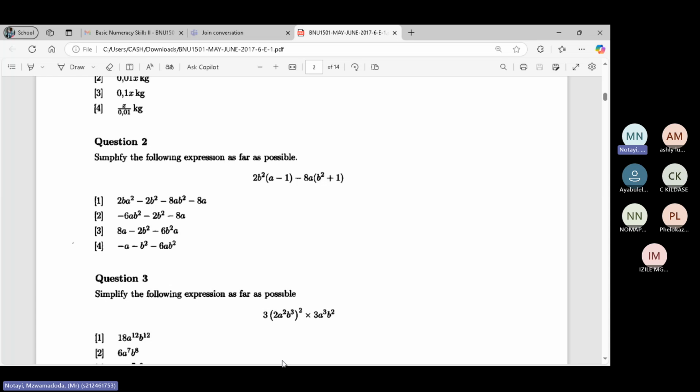And then the second bracket, we have minus 8a multiplied by b squared plus or minus 8a multiplied by 1, which is minus 8a. So which of those, 1, 2, 3, or 4, describes that expression?